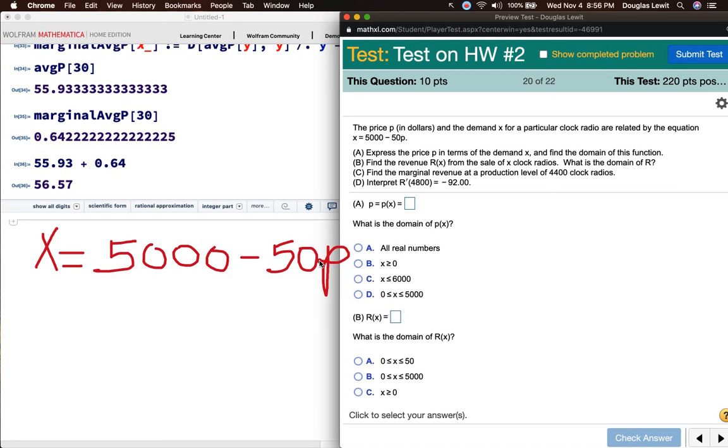Okay, we have to solve for P. So we have X minus 5,000 is equal to negative 50P.